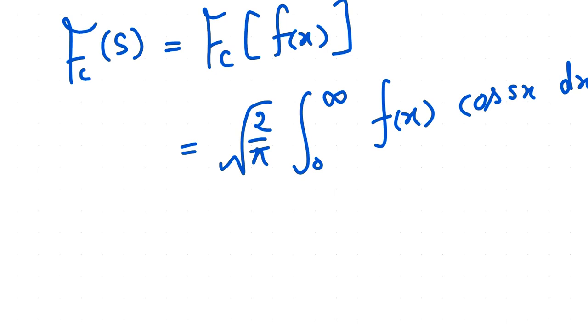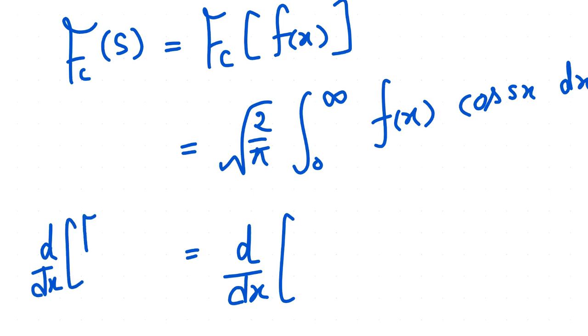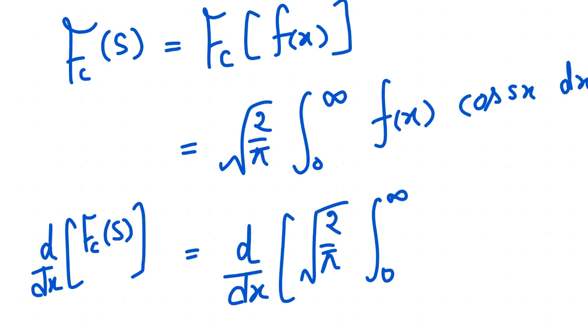And we need the derivative of this. To show this we need the derivative, so let us differentiate this. d over dx, sorry, d over ds of Fc of s, that is square root of 2 over pi, limit 0 to infinity, fx cos sx dx.